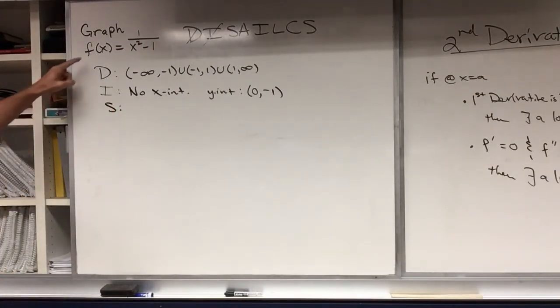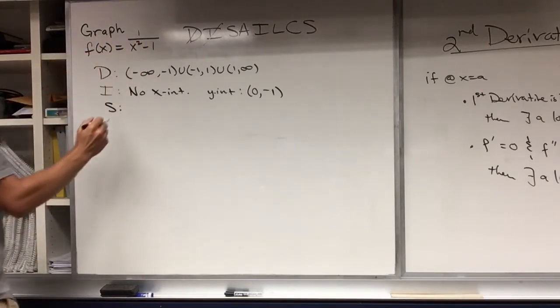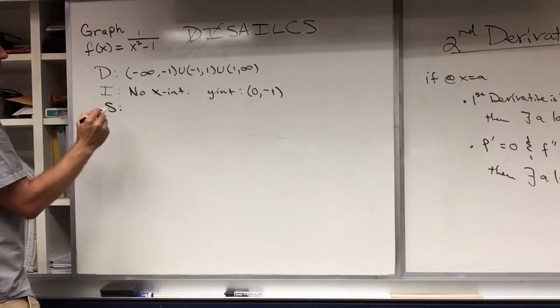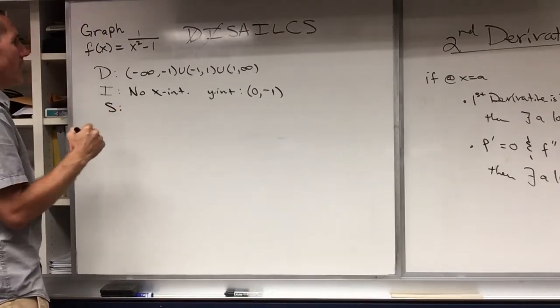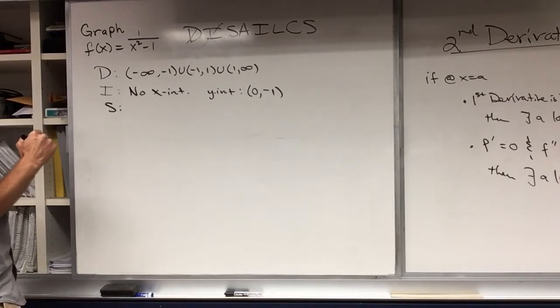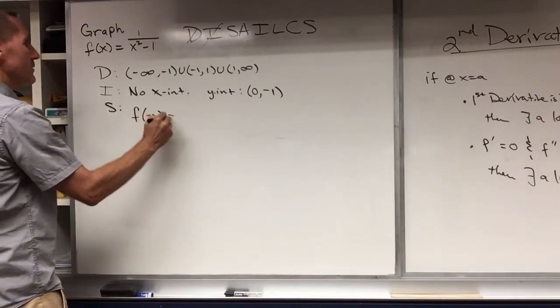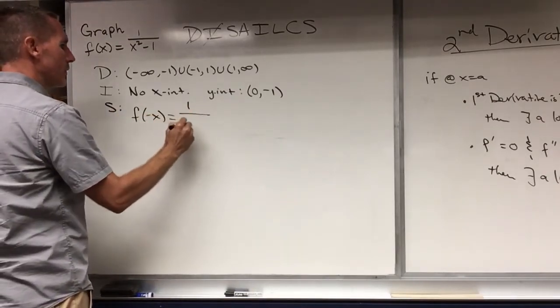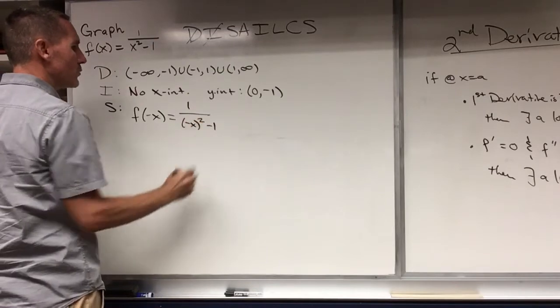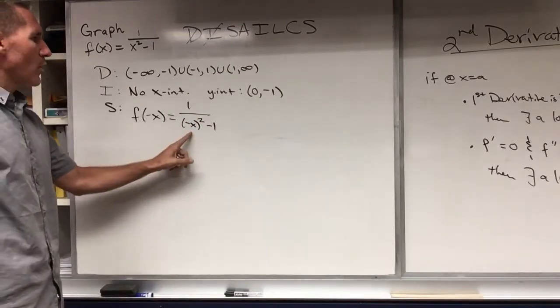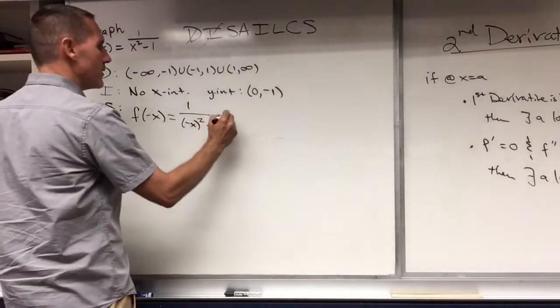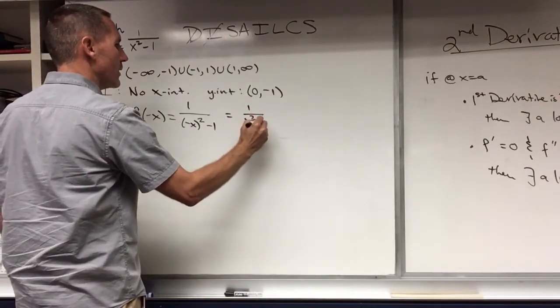what we do is with our original function, we replace that x with a negative x and then follow that through all the way to see if f of negative x is equal to f of x, or if f of negative x is equal to negative f of x, and that will give us even or odd respectively. So here we go. F of negative x is equal to 1 over negative x squared minus 1. But again, negative x quantity squared is just x squared, so this is 1 over x squared minus 1.